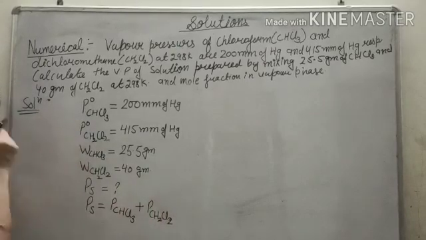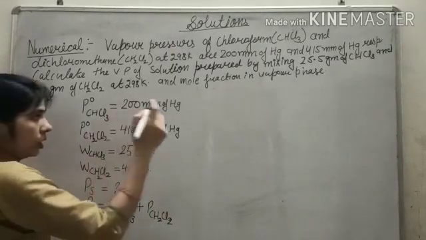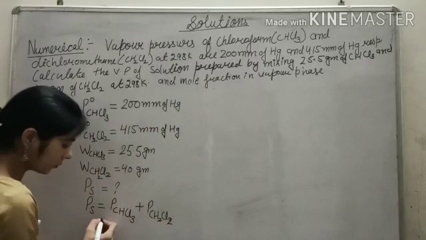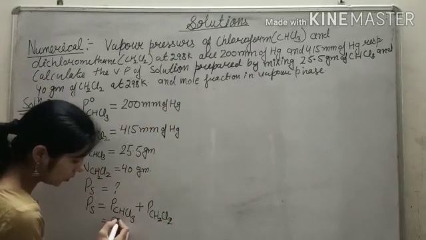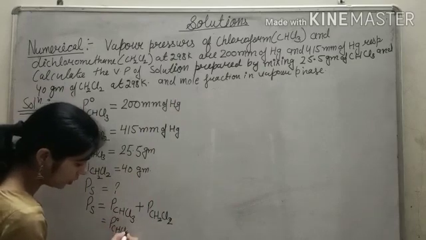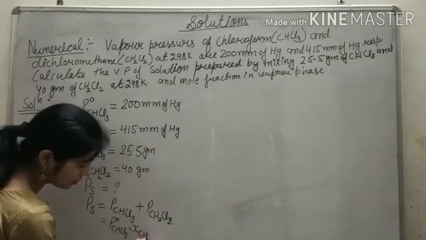Okay students, now we know that the pressure of CHCl3 is equal to P naught of CHCl3 into X CHCl3.